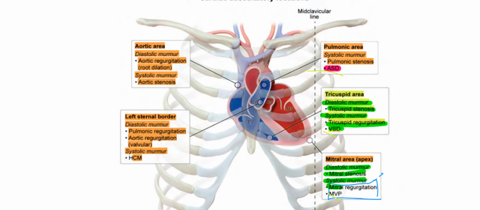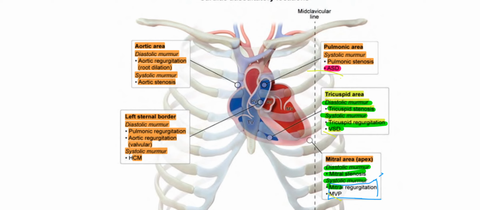But over here in the third intercostal space, it is also aortic regurgitation, but it is of valvular type, right? So that will produce diastolic murmur, but this is of valvular type.